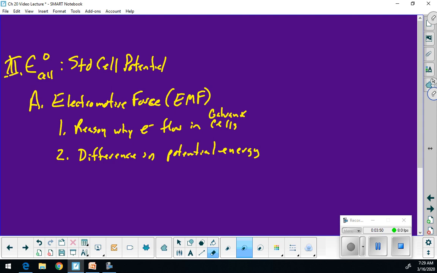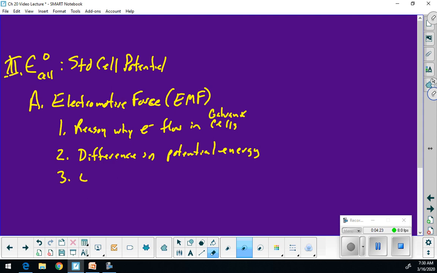Like there's a difference of potential energy between the top of a mountain and the bottom of a valley, and as a result, water flows from the top of the mountain to the valley. That's also true about my potential difference in my galvanic cell. The reason that electrons flow from my oxidation half cell to my reduction half cell is because of the difference in potential energy. My oxidation half cell is at a higher potential energy. And so that is really my driving force.